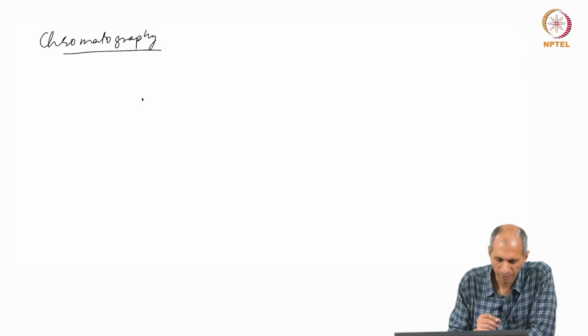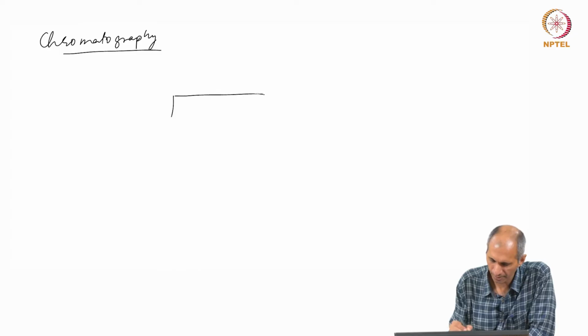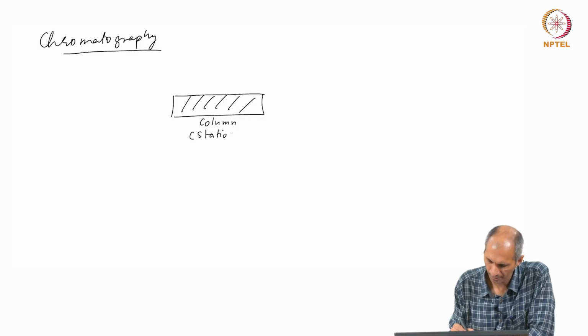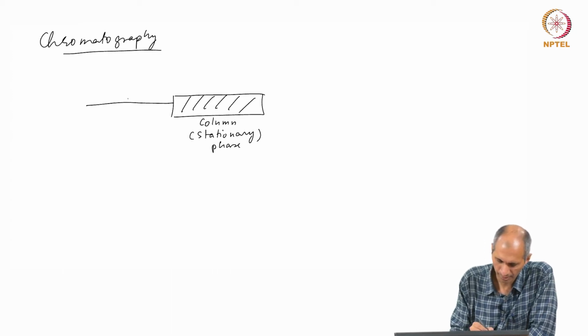So, we were talking about chromatography in the previous class. Here, the main part of the chromatography system is the column, which is also called the stationary phase, and there is a mobile phase.